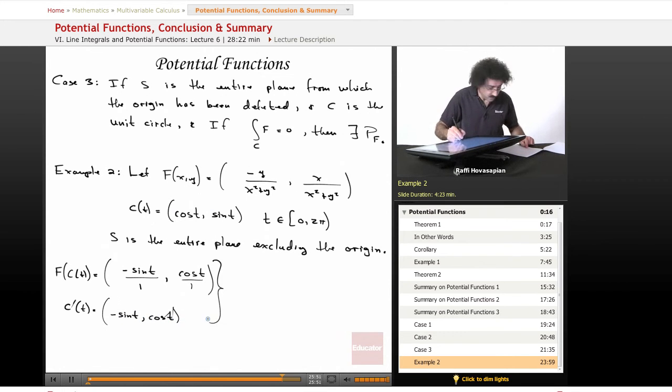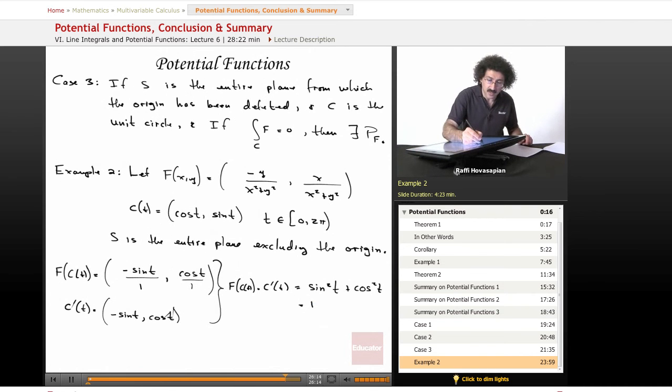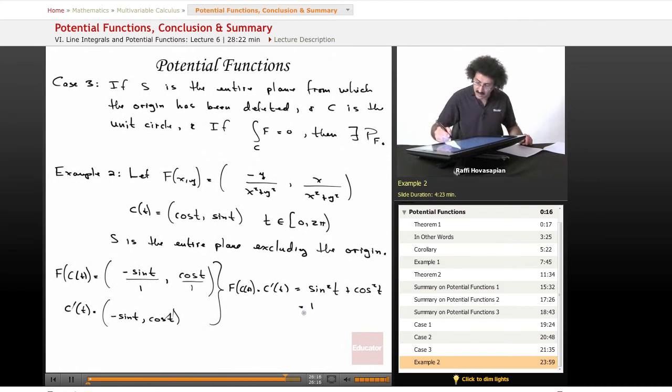Okay, so when we form f of c of t dot c prime of t, when I dot these two, I end up getting sine squared t, right, minus sine t, sine squared t plus cosine squared t is equal to 1. And let me see here, as equal to 1. So now we're going to, let me do this on the next page.